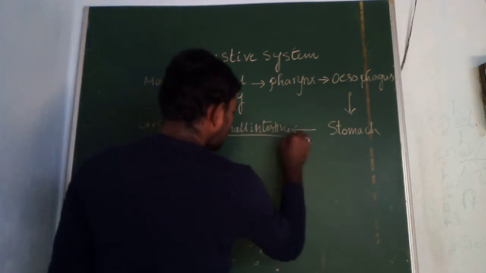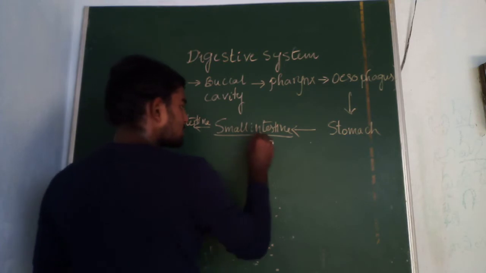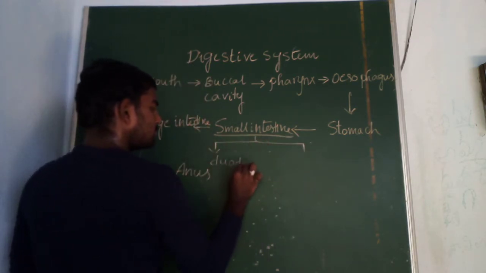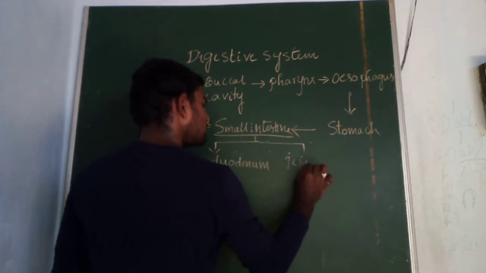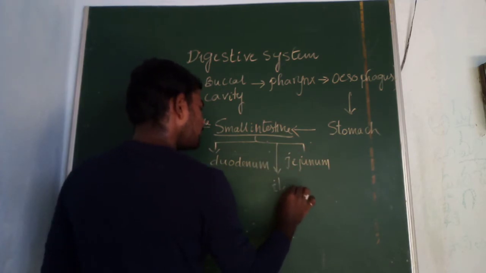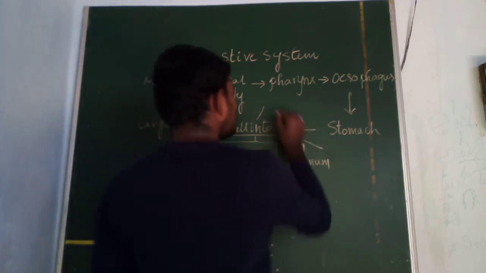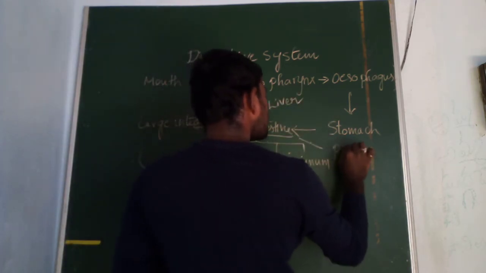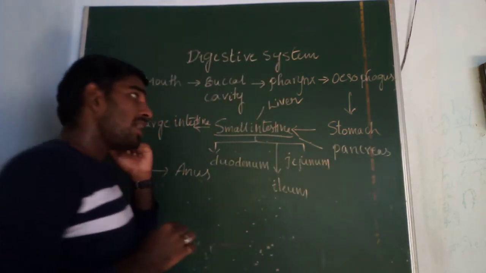The small intestine is again classified into three parts: duodenum, jejunum, and the third part is ileum. Here the liver and the pancreas secrete enzymes into the small intestine.